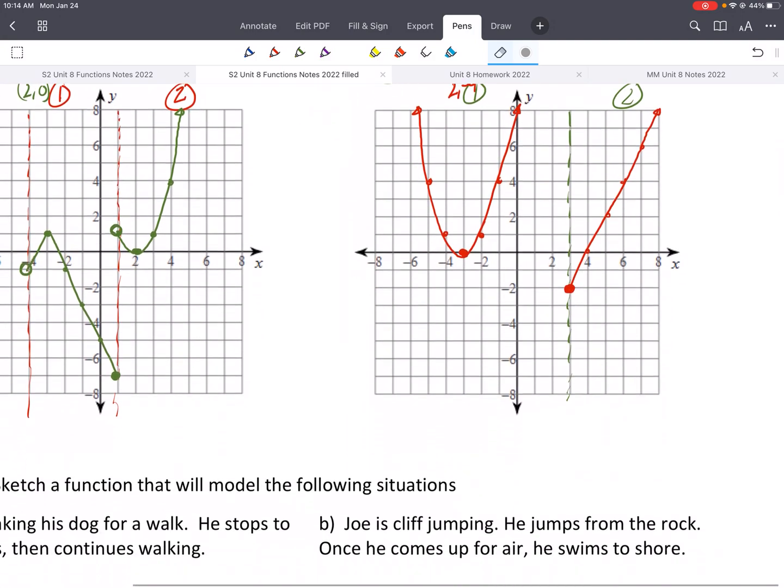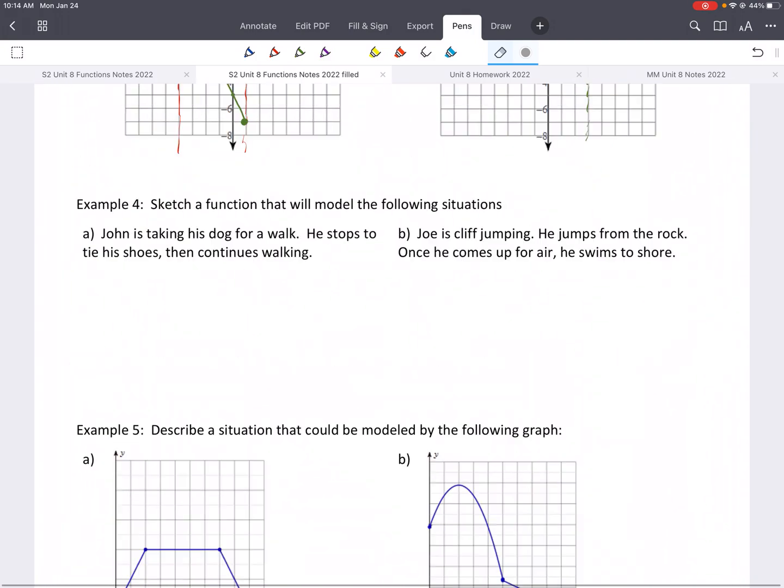All right, okay, last thing we need to do is just sketch a piecewise graph that would model this situation. So how about we do this one together and you can try B by yourself. So it says John's taking his dog for a walk. So he's walking. This is maybe going to say like distance from home, and this is maybe time.